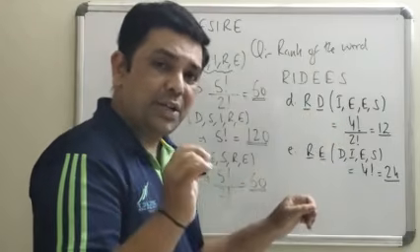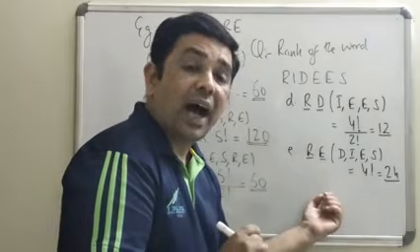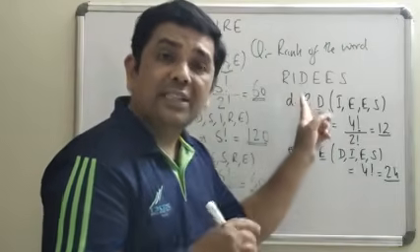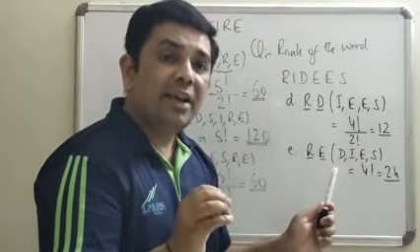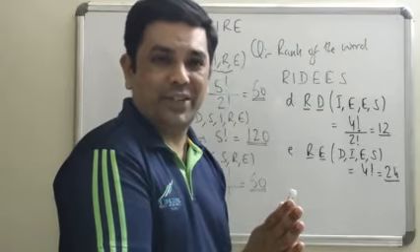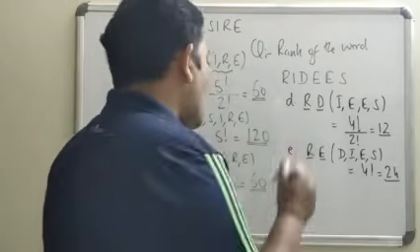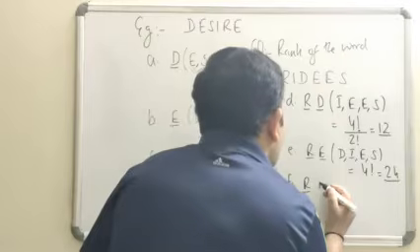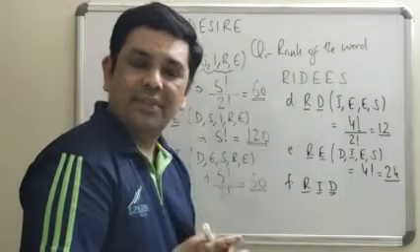Now please appreciate. If I count the number of words with RI, again this will be somewhere in between. So I'll miss this word. So now what is to be done? Fix the first 3 alphabets. Alright, fix the first 3 alphabets. So what we'll do? We'll fix R, we'll fix I and we'll fix D. Right?